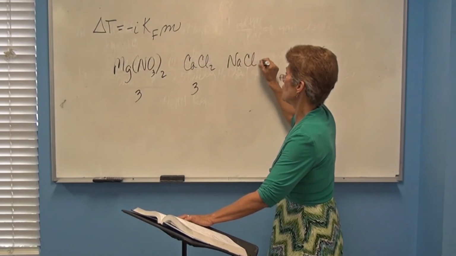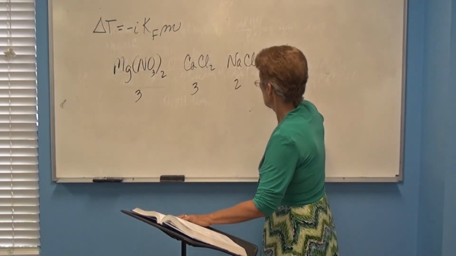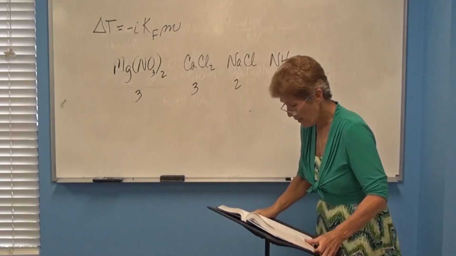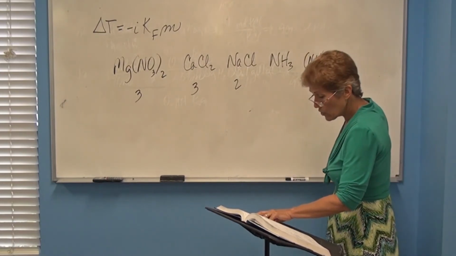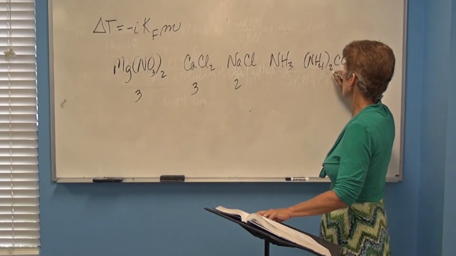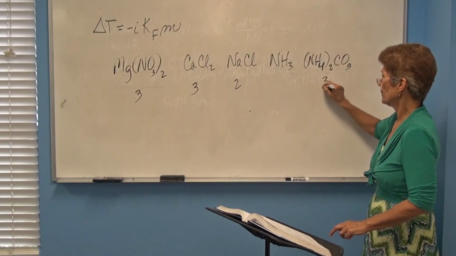Sodium chloride is just made up of two ions, 1, 2. NH3 is actually not made up of ions at all. Ammonium carbonate is made up of three ions, 1, 2, 3.